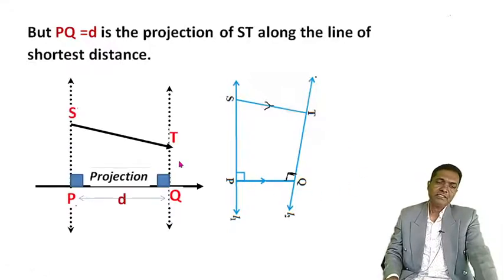So to understand this, here is the ST and here you have vector PQ.